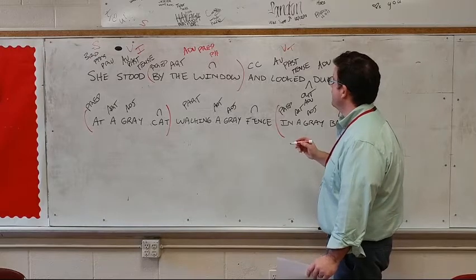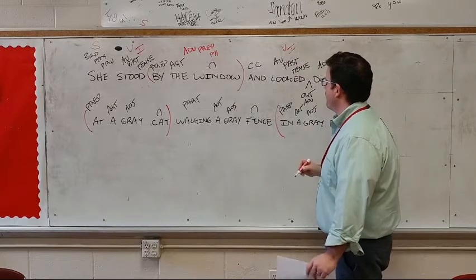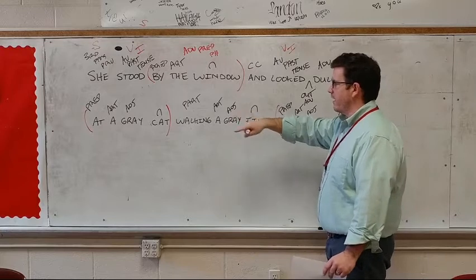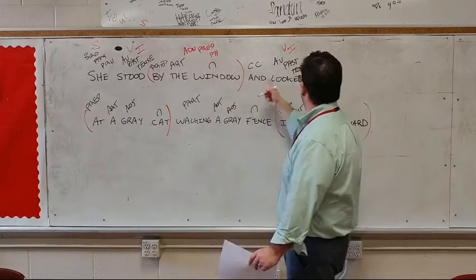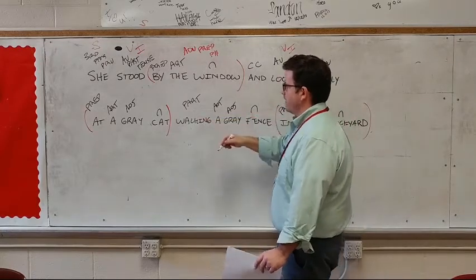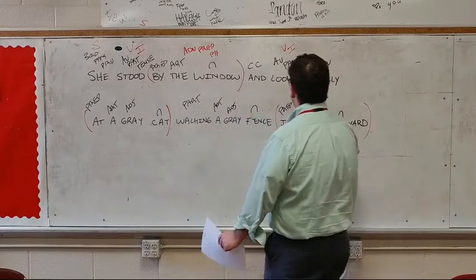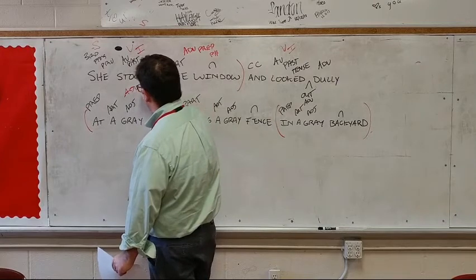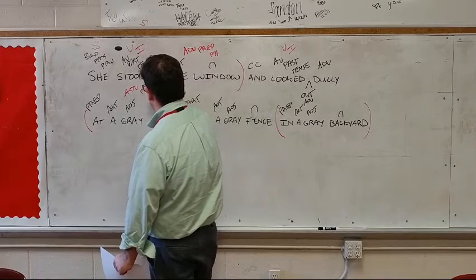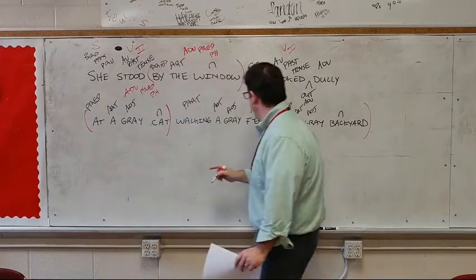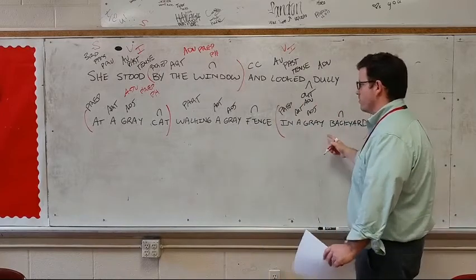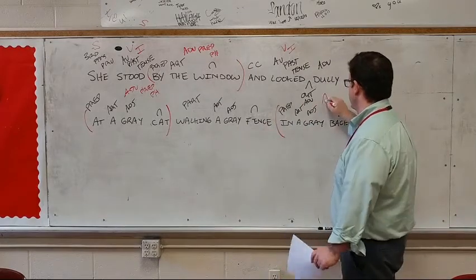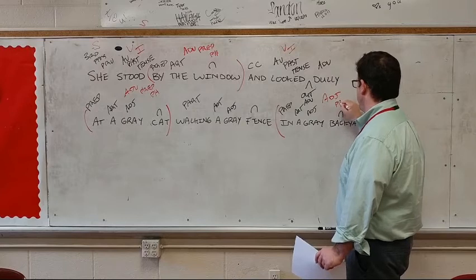We got that verb intransitive, because at a gray cat, cat is the object of the preposition. So then we got at a gray cat. That is a prepositional phrase that describes the way in which she looked. So that is an adverb prep phrase. And in a gray backyard describes where the fence was, so it is an adjective prep phrase.